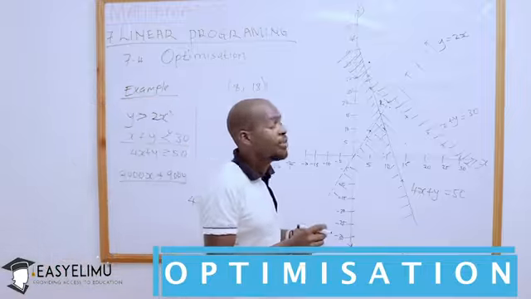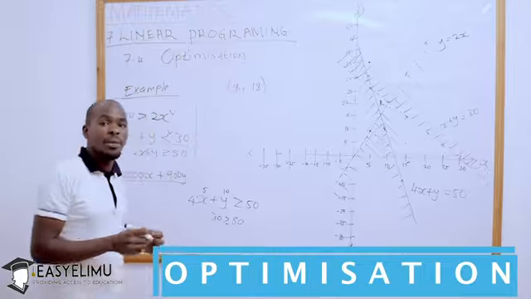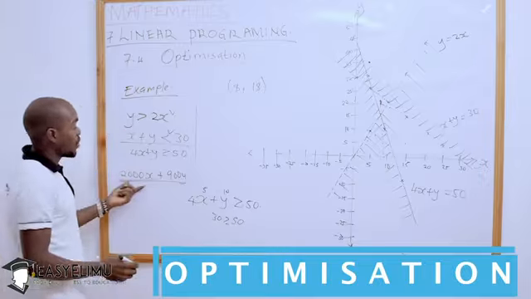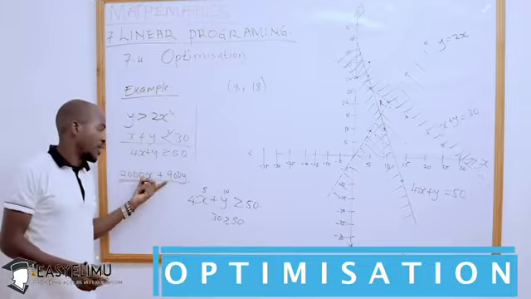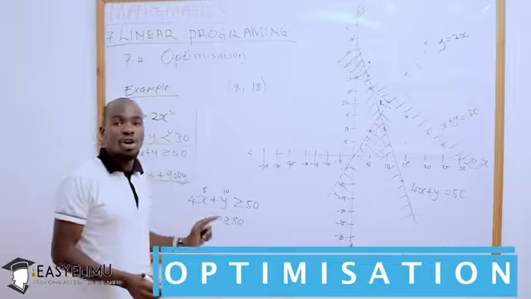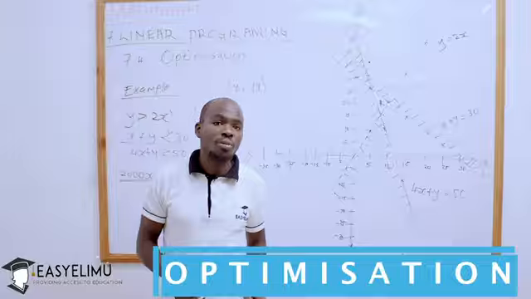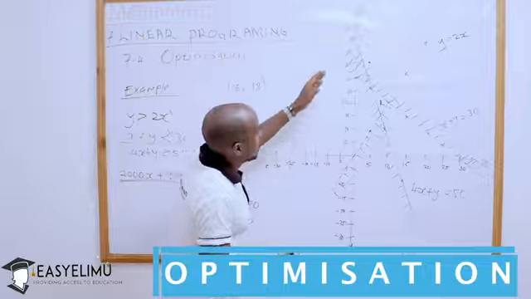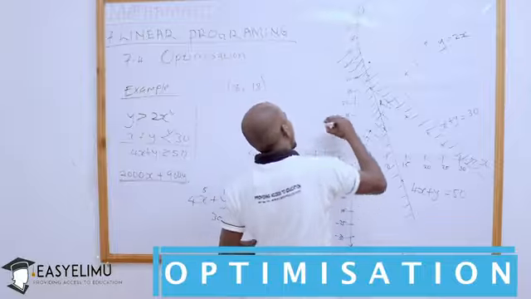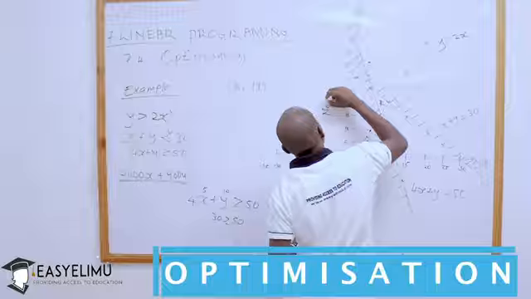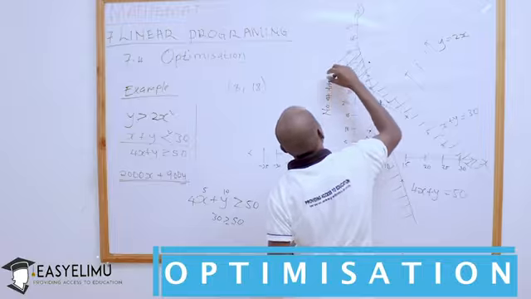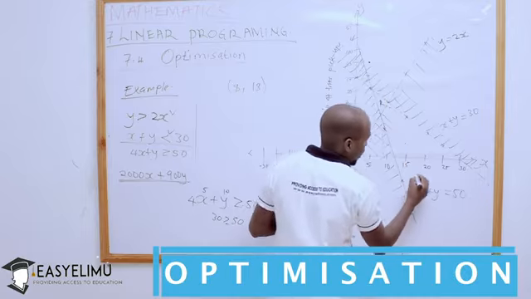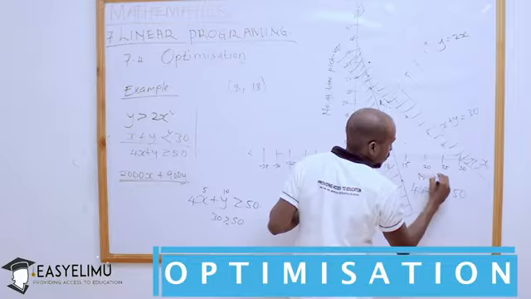So meaning that if we want to give the solution of that point, which is the maximum expenditure or minimum expenditure, we shall use this objective function. This is the only function that will help us to maximize or minimize what we want to find there. This side we said is for y, so this is the number of trips of pickups, and this one here is the number of trips of lorry.